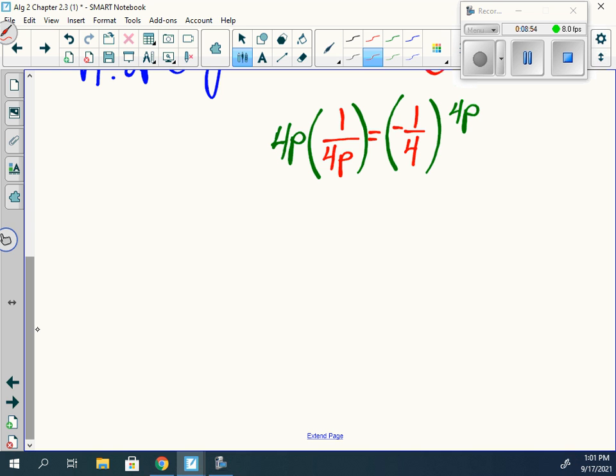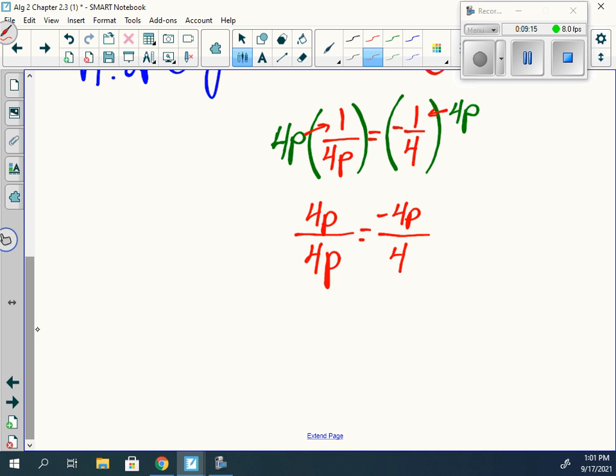Because I'll go on and write this out. 4p times 1 over 4p. Well, this 4p multiplies with the 1, which would give us 4p over 4p. Here, this 4p will multiply with the negative 1, so negative 4p divided by 4.